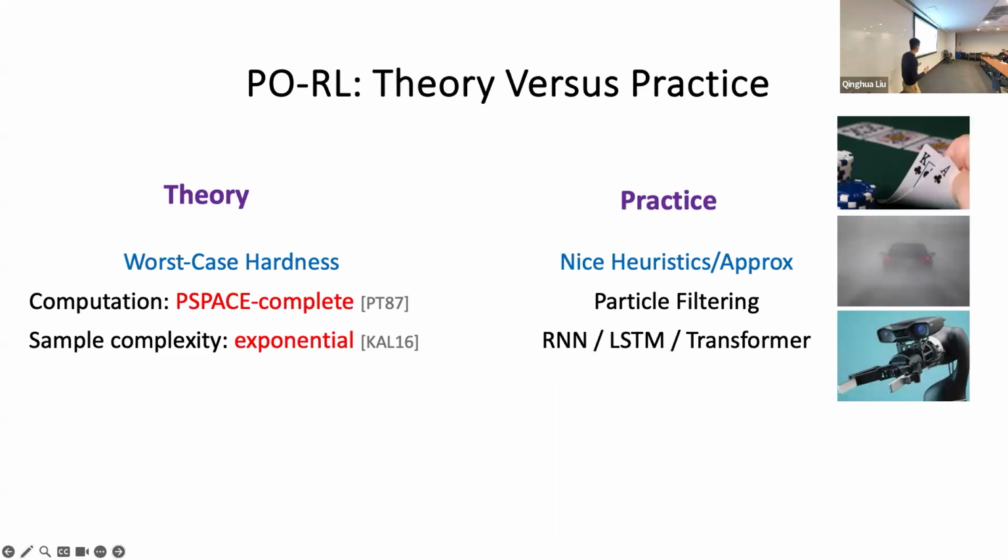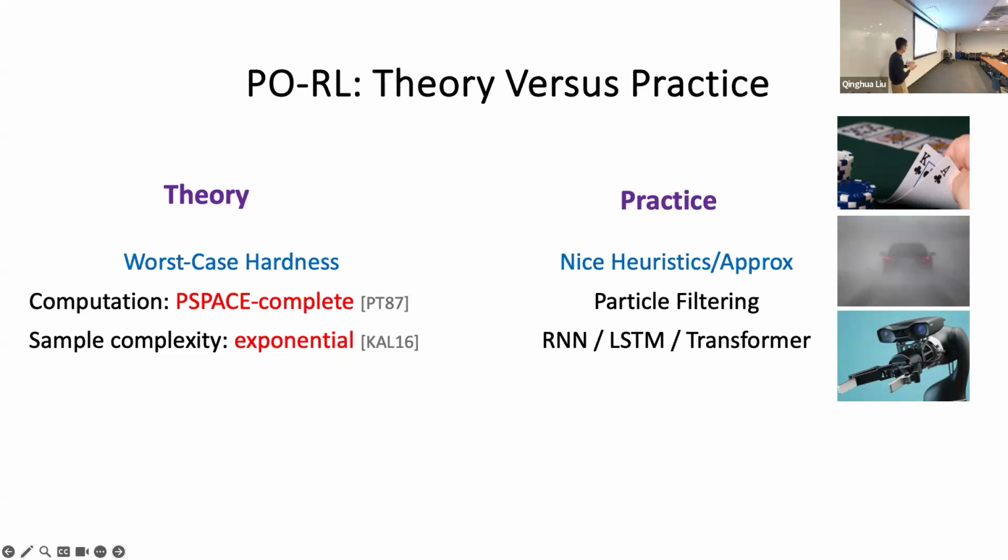So in practice, there is this big contrast between theory and practice. In practice, people have developed all kinds of very nice heuristics or approximate algorithms, which can solve many interesting problems quite well.